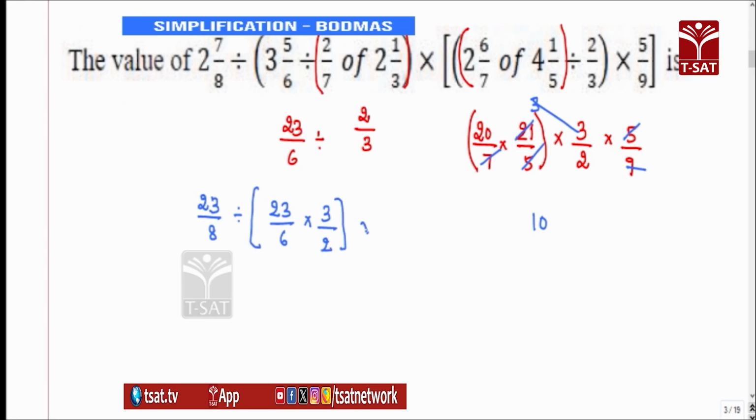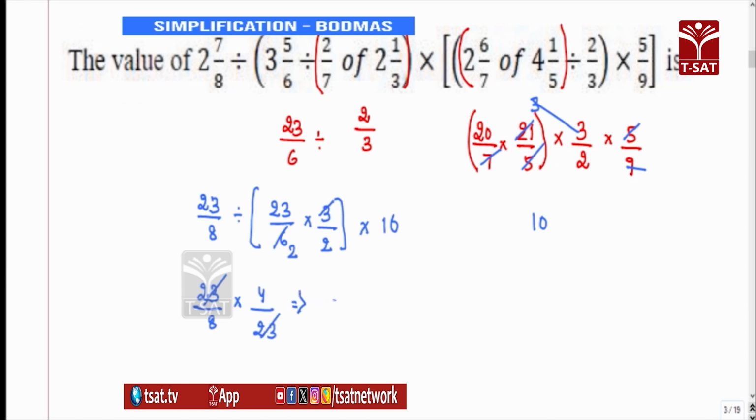Then after into, this whole bracket is 10. So, make it 10 here. So, it is 23 by 8. If you simplify this, 23 by 4, it becomes 4 by 23. So, 23 is going to cancel. So, it has become 1 by 2.